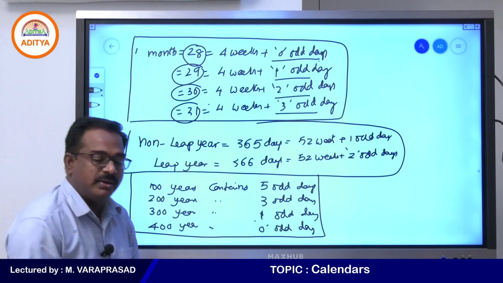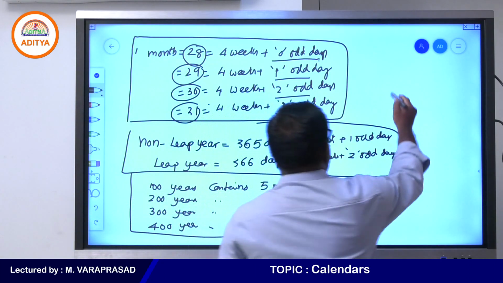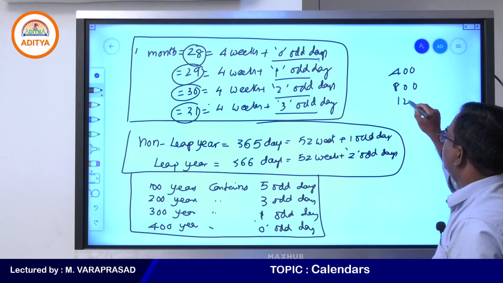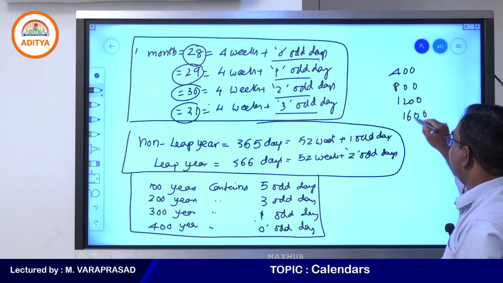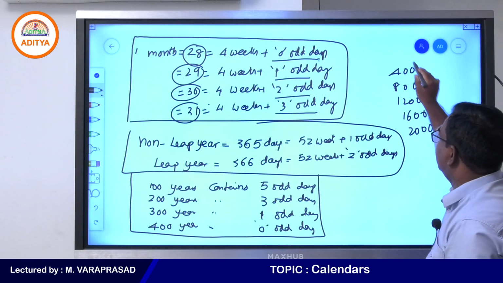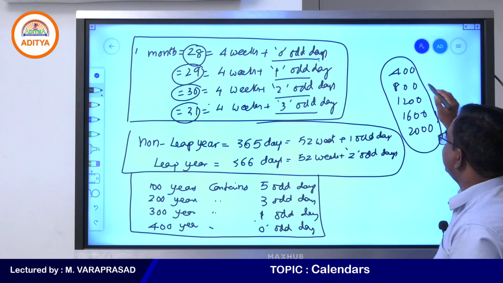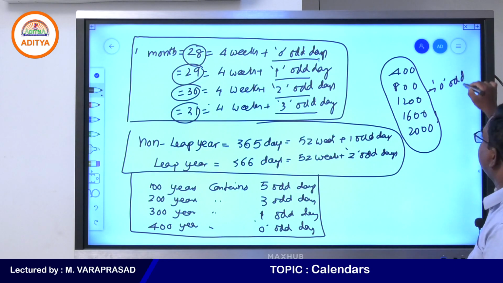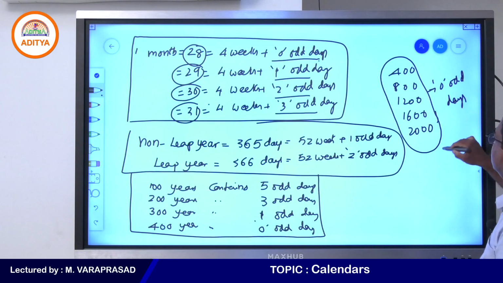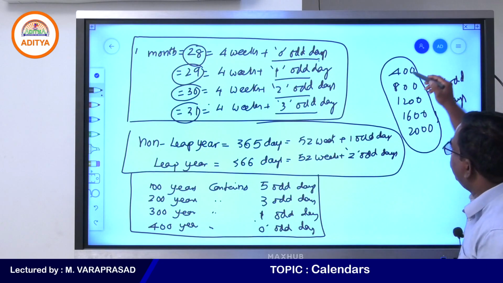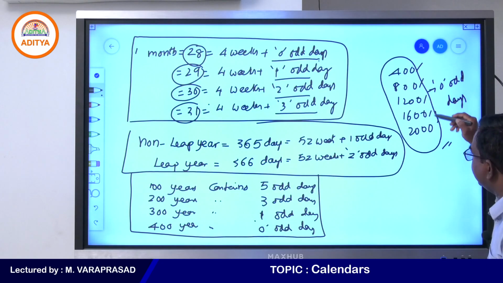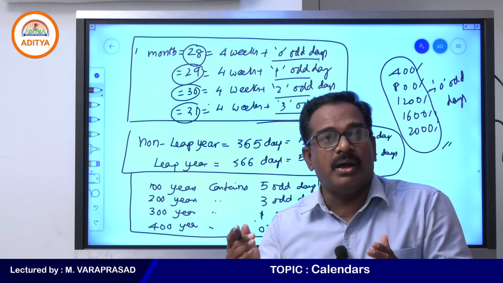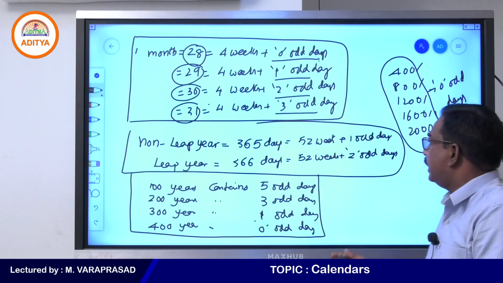Like that, if you take every 400, 800, 1200, 1600, 2000, these are the leap years in centuries having 0 odd days. Yesterday somebody asked a doubt. Yes, every multiple of 400 years has 0 odd days.